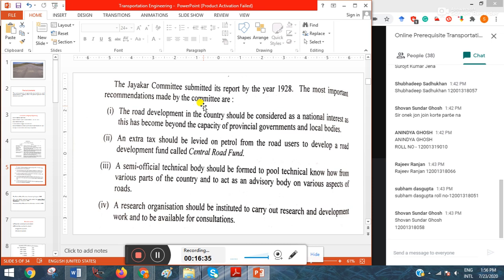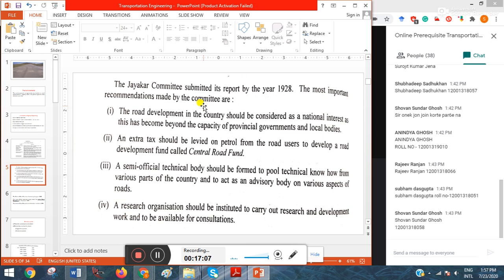In response to the resolution, the Indian Road Development Committee was appointed by the government with M.R. Jayakar as chairman. He submitted the report in the year 1928.